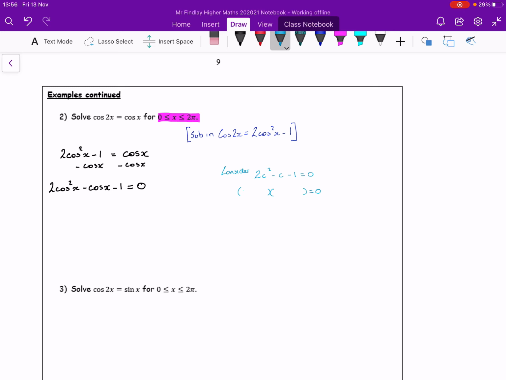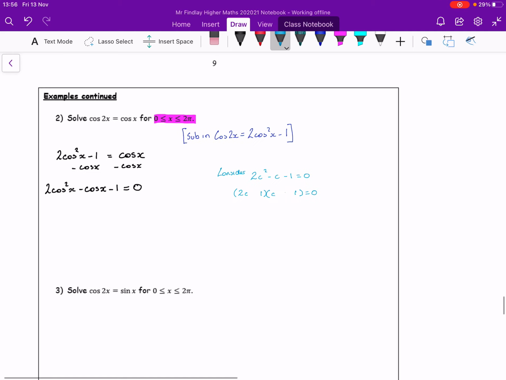The only way to get the 2c squared would be 2c and c. The only way to get the 1 would be 1 and 1, and therefore I have minus and plus to get me my minus c. Please factorise however you feel comfortable.